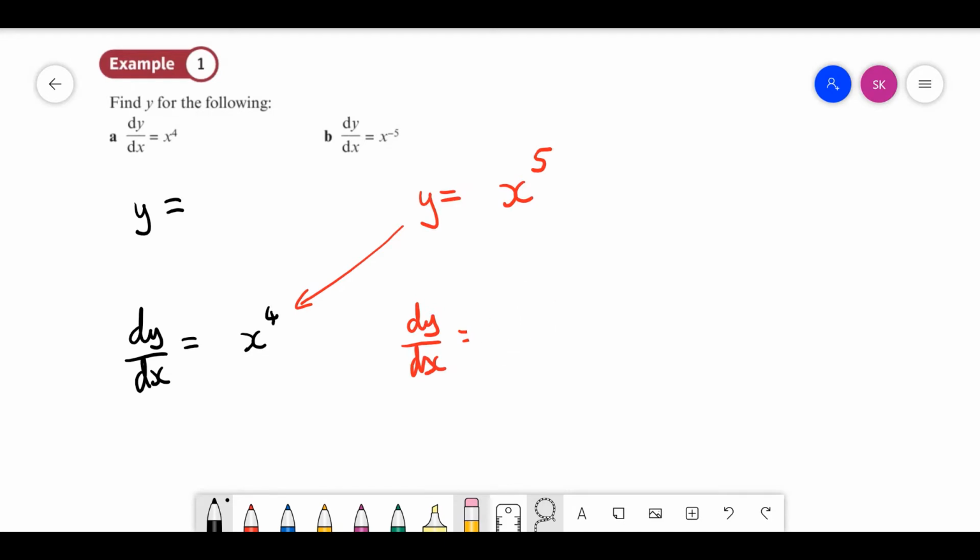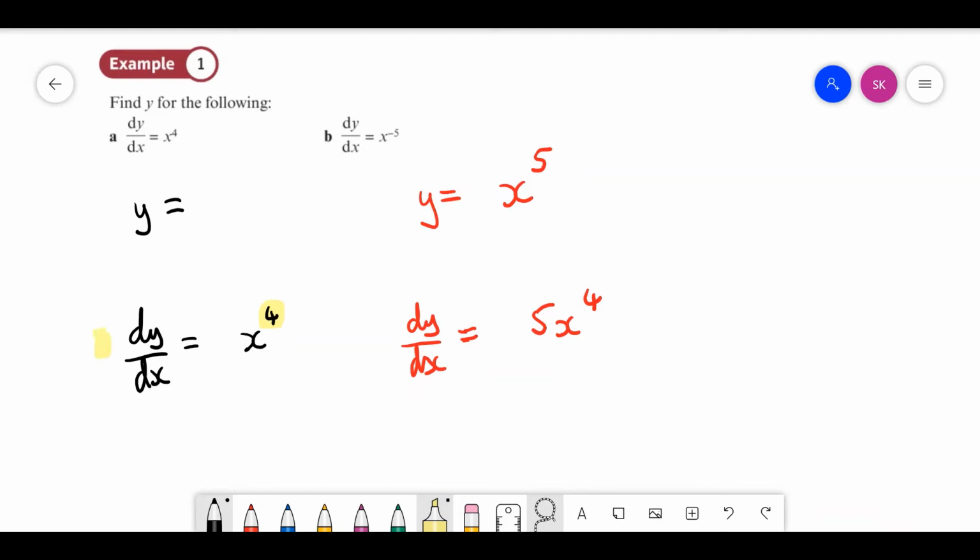I'm going to give myself a bit more space here. We get 5x to the power of 4. And you'll notice when we do that, the power here is the same as the power here, which is exactly what we're aiming for. You always start by looking at the powers, or the power. So I look at the differential, having written it out beneath y.